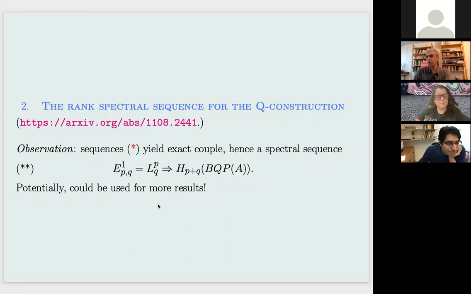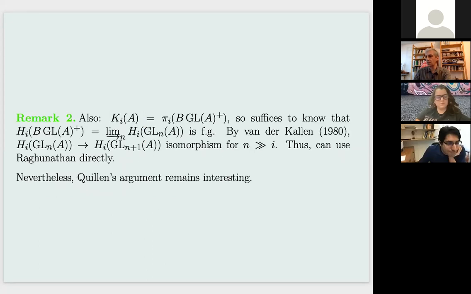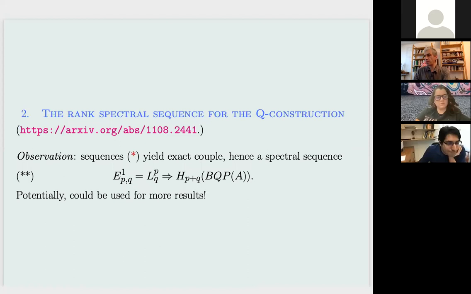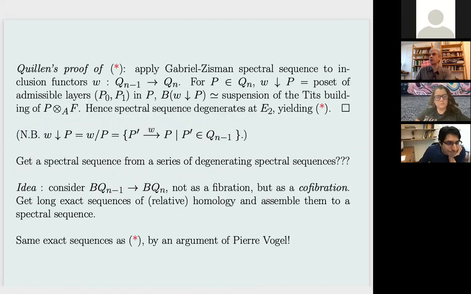So to get to it, I would like to explain how Quillen constructs these long exact sequences. So here's his proof. You look at the inclusion functor of Q_{n-1} to Q_n. I remind you that Q_n is the full subcategory of the Q construction made of projective modules of rank at most n.